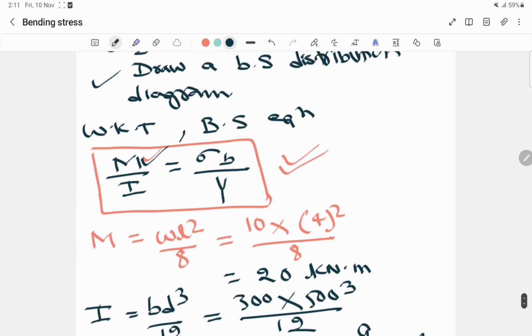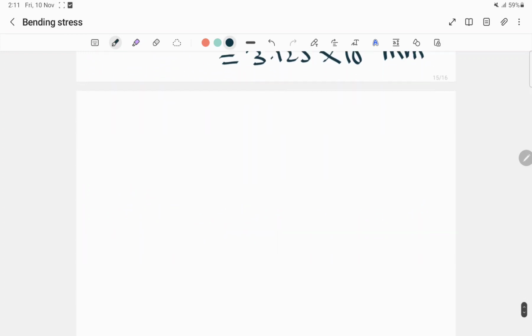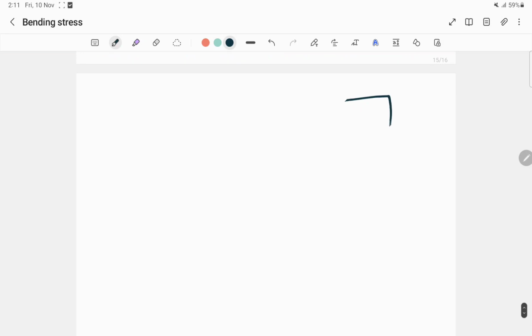So now we have to find this bending stress. Next we have to find the y value. Say this is the rectangular section of B is equal to 300 and D is equal to 500 mm, and this is the neutral axis.